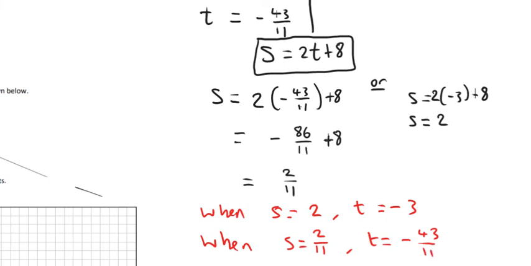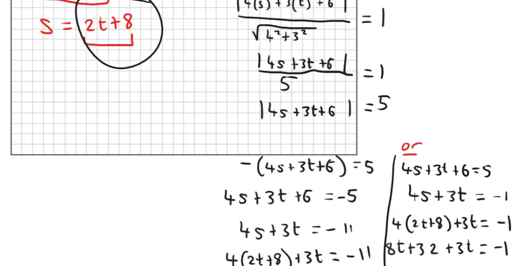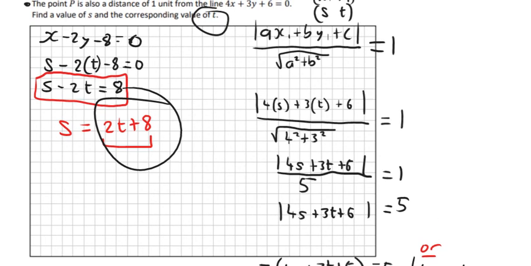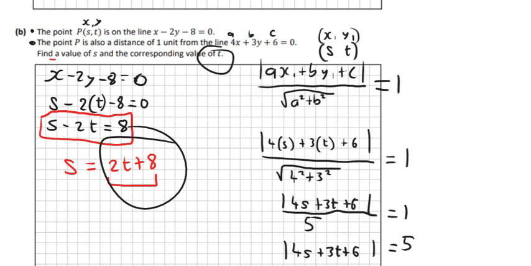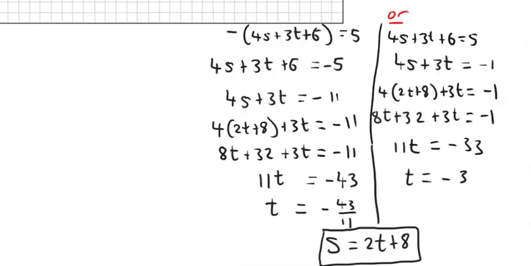We only need one of those answers, so the one where s is 2 and t is minus 3 is obviously the neater one in the end, but it doesn't really matter. So we just needed one value of s and one value of t. Find a value of s and the corresponding value of t. So that was part B.